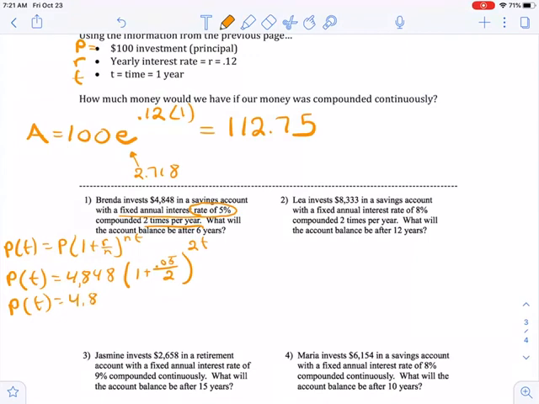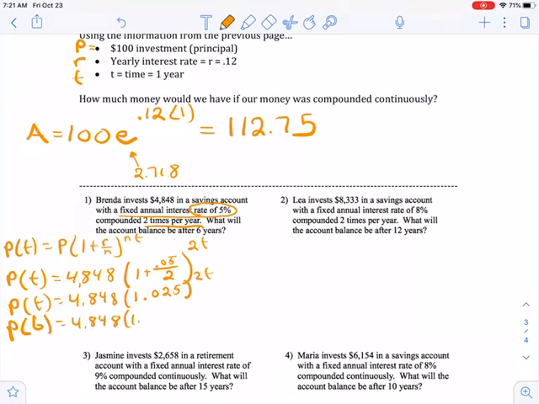I'm probably showing you more than what you need, but I'm trying to clearly go through what this expression is really doing. So this would then simplify all the way down to 1.025 raised to the 2t. If I take that 5%, I'm doing it twice per year, that's really 2.5% or 0.025. The 2 times per year is also in my exponent with that 2t. And now they're asking, what is it going to be after 6 years?